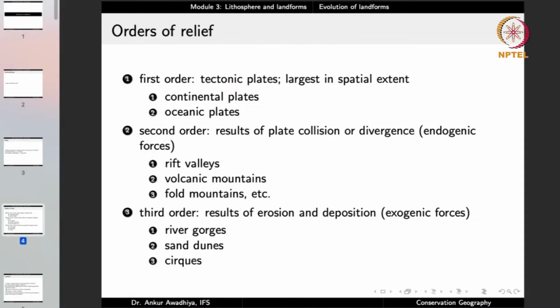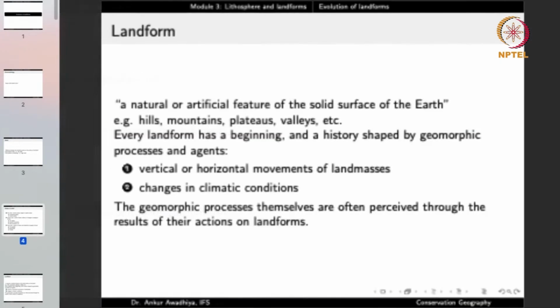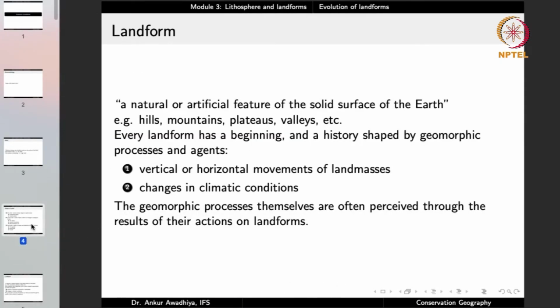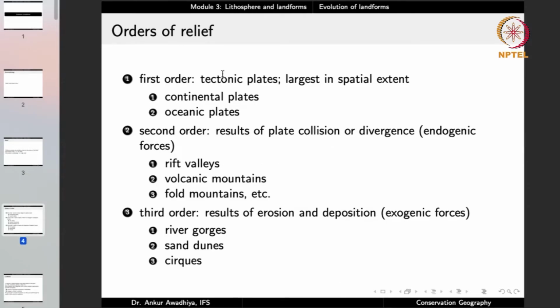So we have continental plates and we have oceanic plates. When we talk about the relief of first order, we ask the question, what is the difference between the highest and the lowest elevation points on a tectonic plate? So we are looking at very far off areas, and the differences in elevations will tell us the first order relief of the tectonic plate.